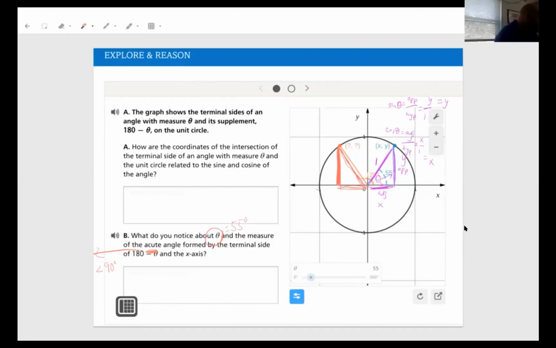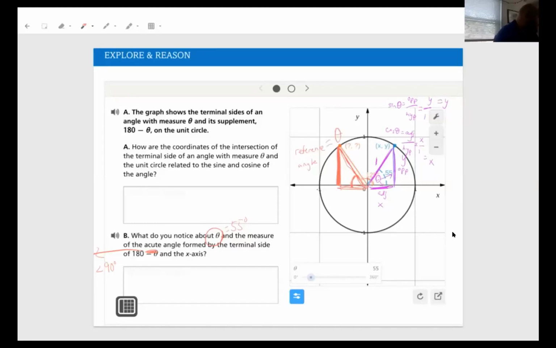So if I'm looking for the angle formed by the terminal side and the x-axis, that would be this angle right here. And remember that that angle is called a reference angle. And because those two triangles are congruent, hopefully you can see that the reference angle in our picture here is equal to angle theta.